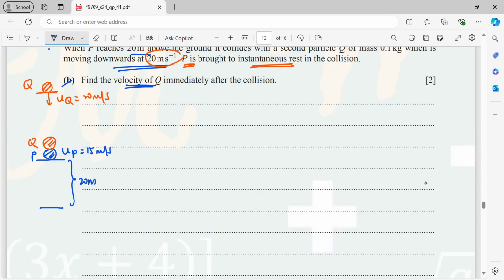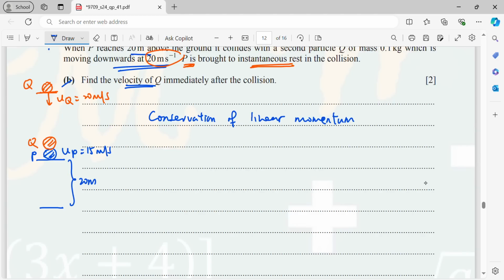Alright, so I have to refer to the conservation of linear momentum to solve this question, because collision involved.